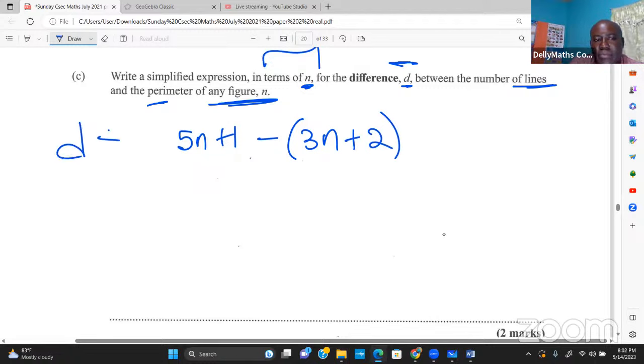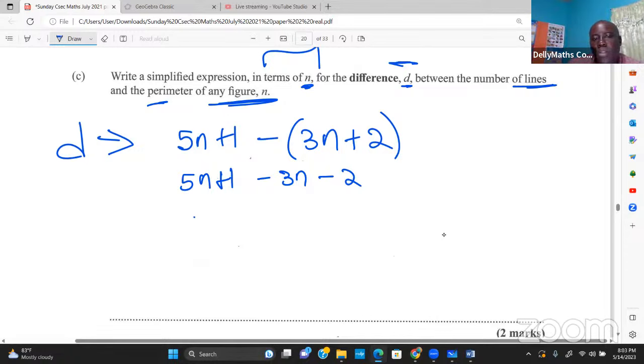D. Everybody can look at that? Lines, so now 5n plus 1 minus 3n minus 2. Be careful. You notice I put it in a bracket, it's a binomial, that's why. I don't want to mess around with binomials, so you put it in a bracket to force yourself to do the right thing.